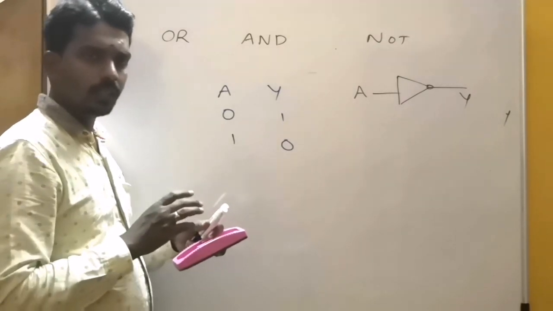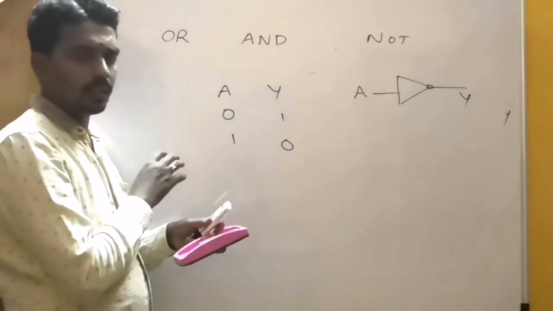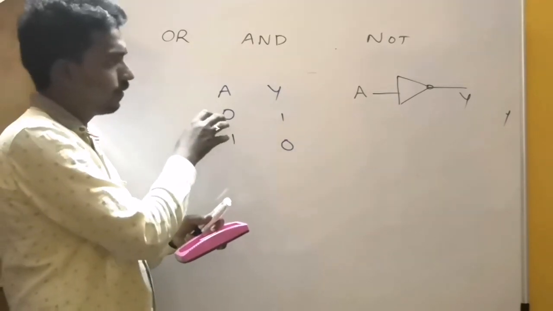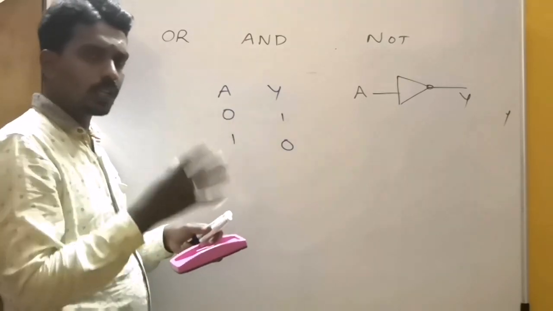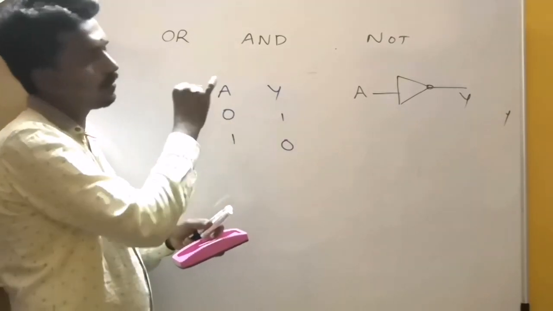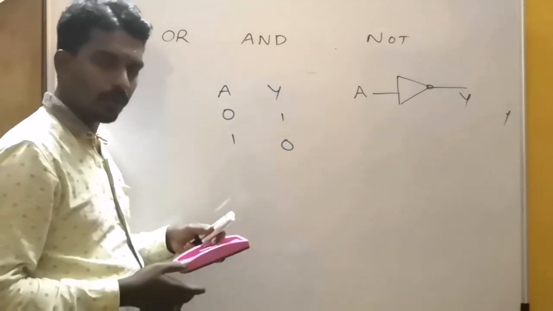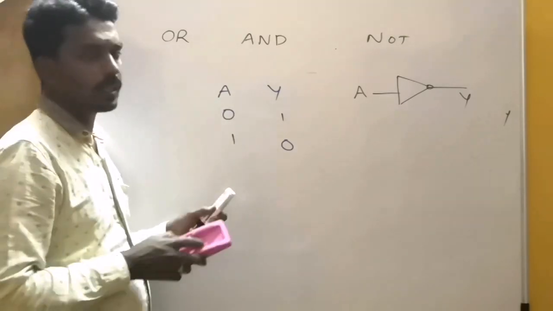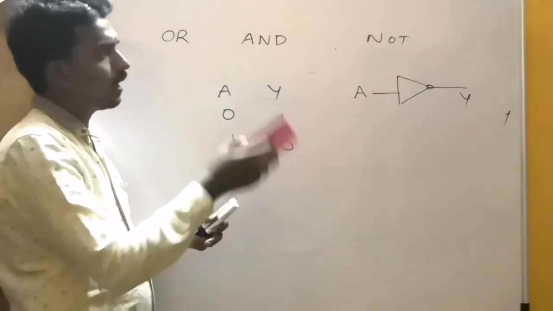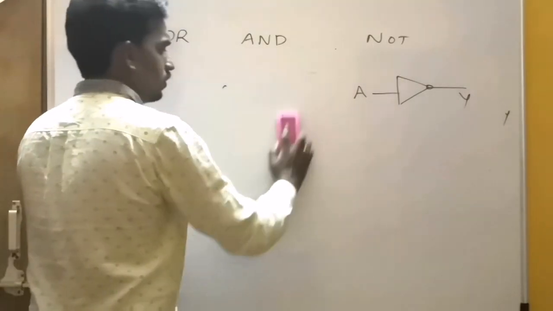Here we are trying to understand the working nature of these gates and what the input and output table, nothing but the truth table, of these gates is. What are those three gates? OR, AND, and NOT gate.